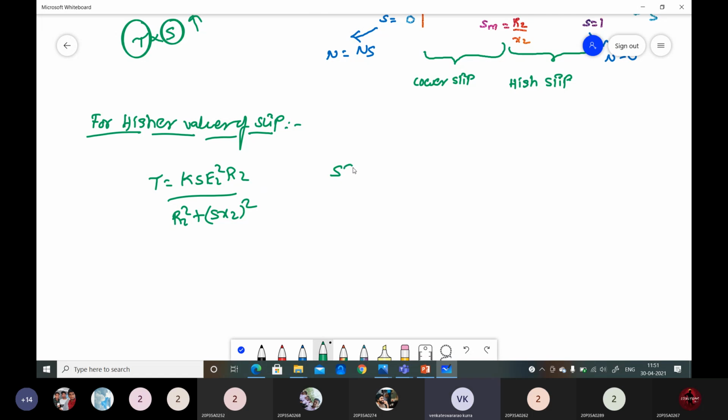Then (Sx2) whole square is very much higher compared with the rotor resistance R2. As rotor resistance is very small compared with inductive reactance, this value is neglected.